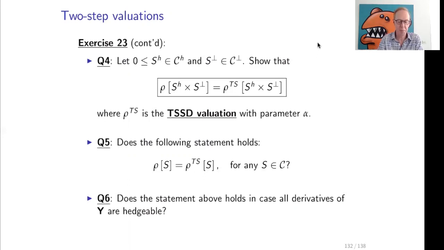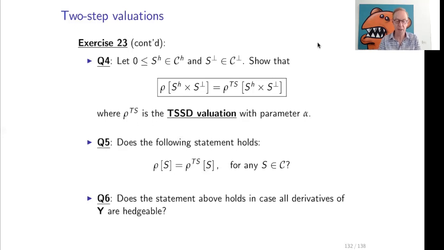Here are some more difficult, more subtle questions, which are less important for an examination, but to check whether you know the theory very well or not. Question 5 asks: does the following statement hold? We have seen that rho and rho two-step coincide for this kind of product claims as H multiplied by S orthogonal.